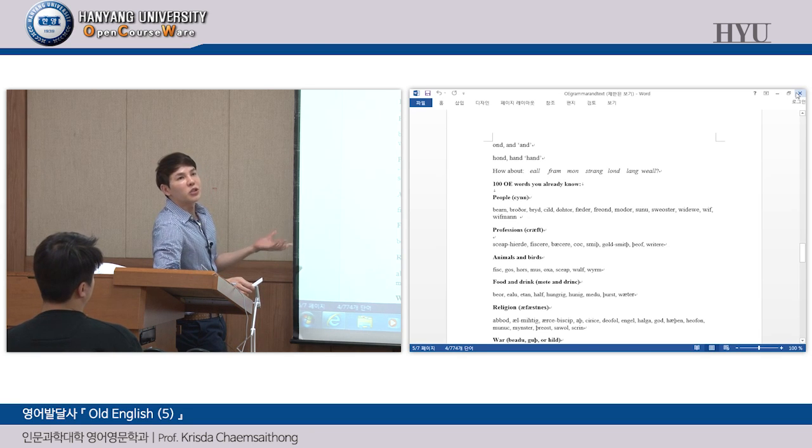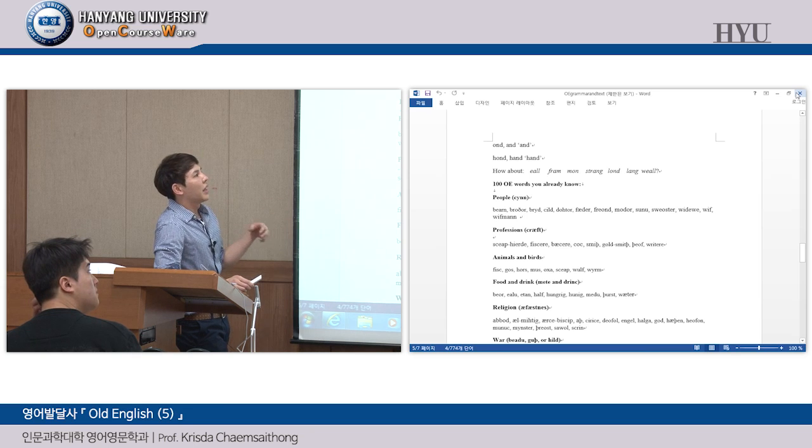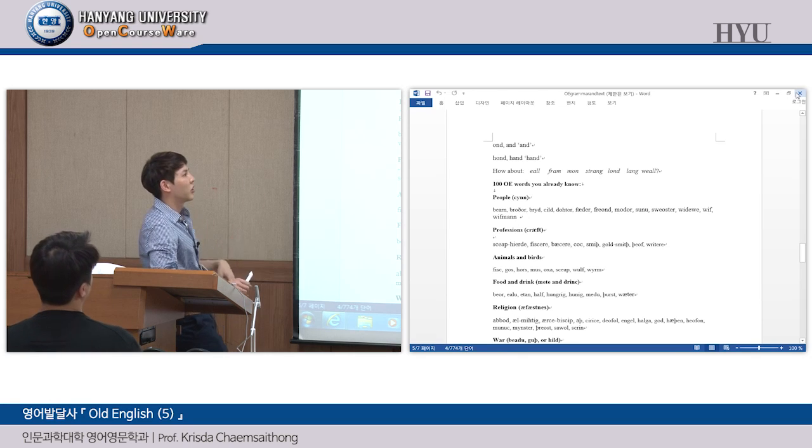Strength, strong. Land, L-A-N-D, land. L-A-N-G, lang, is long. Whale is wall. So E-A and A and O, people just confuse them together in Old English.